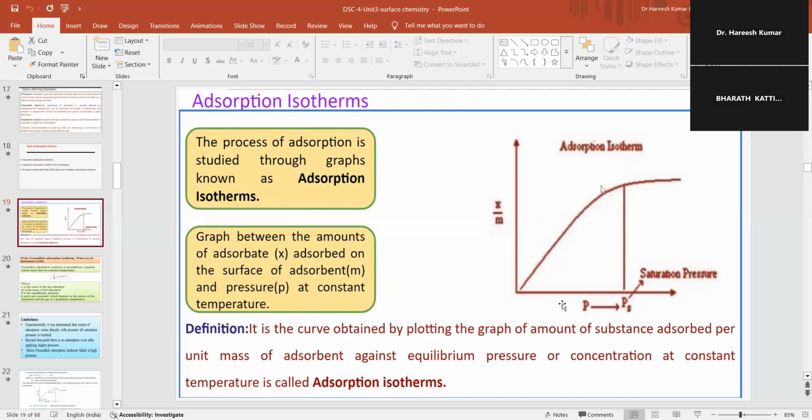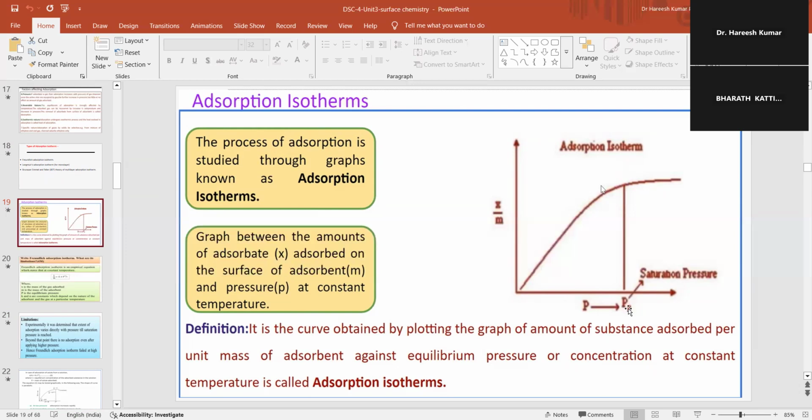So at 1 pressure, 2 pressure, 3 pressure, adsorption increases. Once it reaches the saturation point, what is the saturation point? Once the active sites present on the adsorbent are filled with the gas, then whatever amount of pressure you put is of no use. That means adsorption is independent after the saturation point.